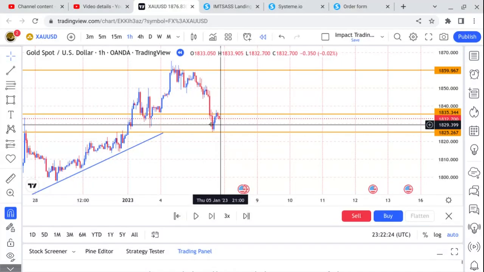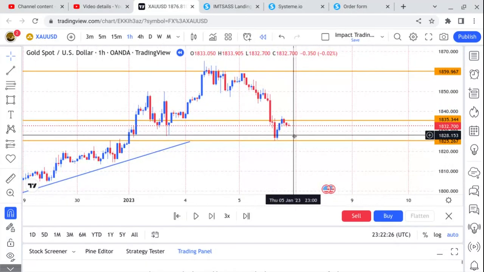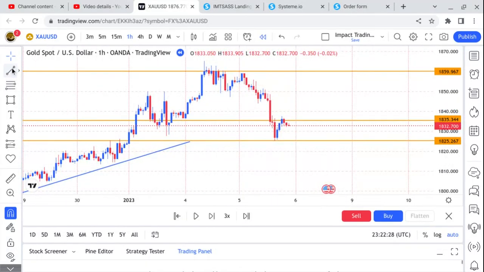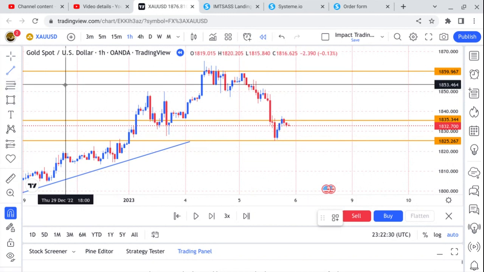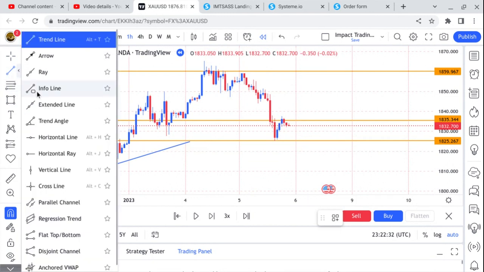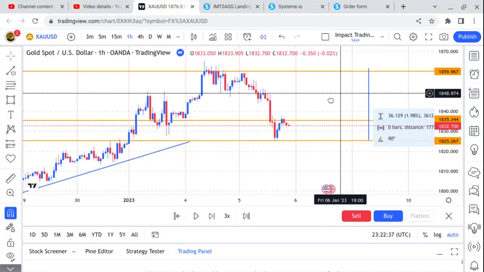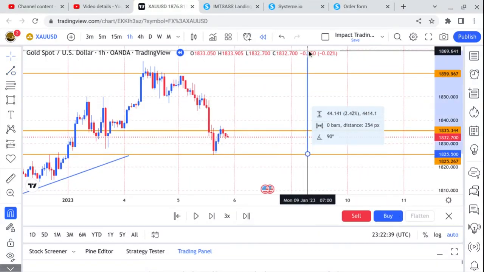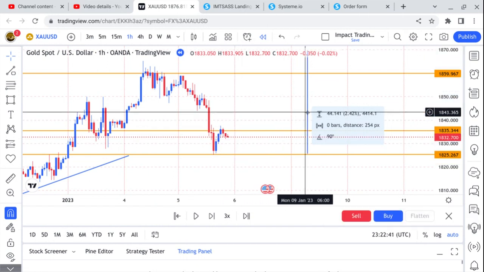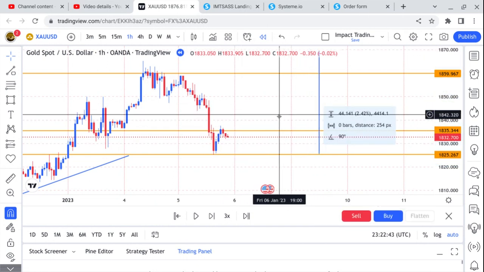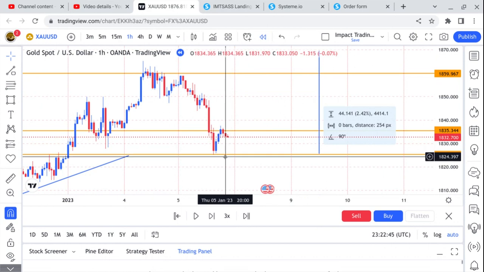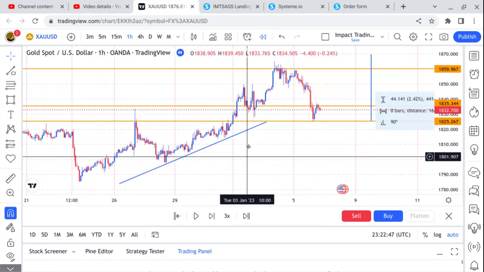You have an hourly signal right here, and swing traders would probably hold this trade for the next couple of days, expecting a rise in price to continue with the trend, over 3,000. A daily move for gold right now is around 3,000 pips.